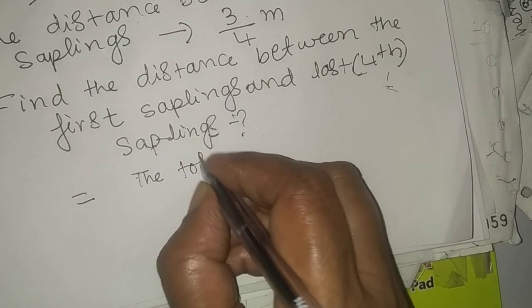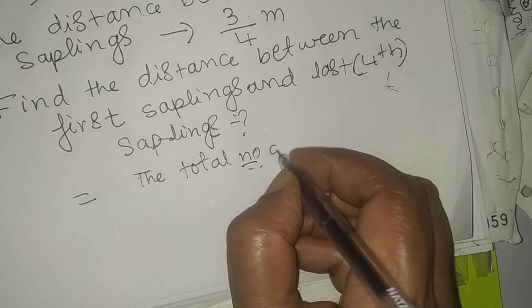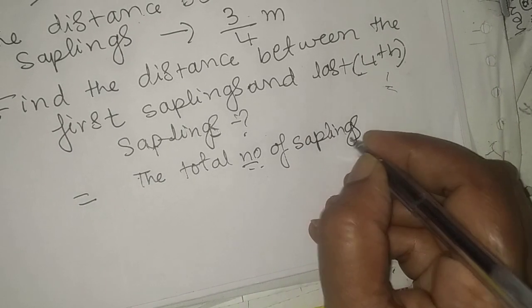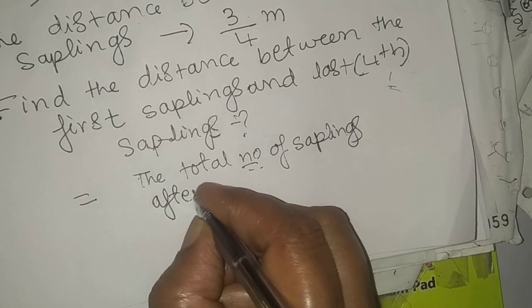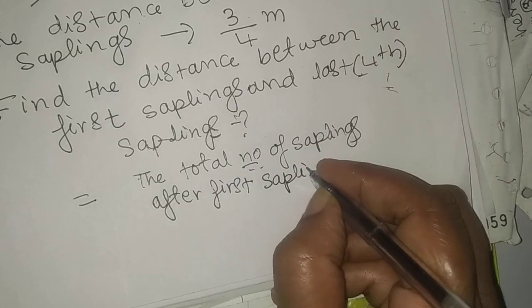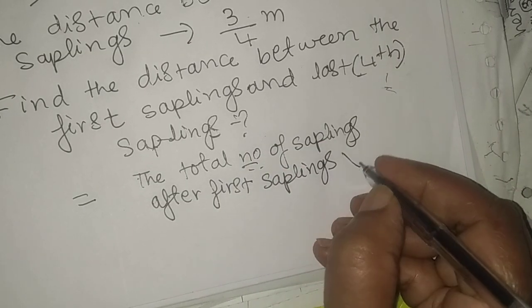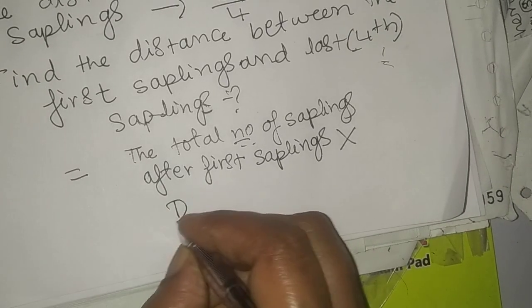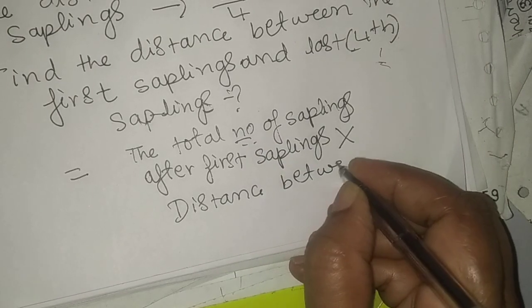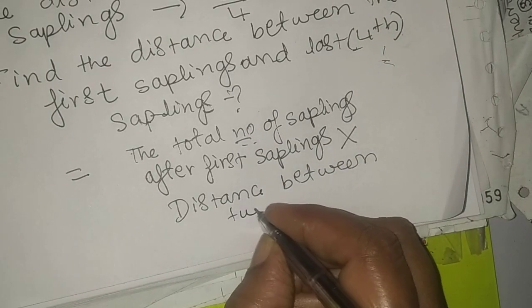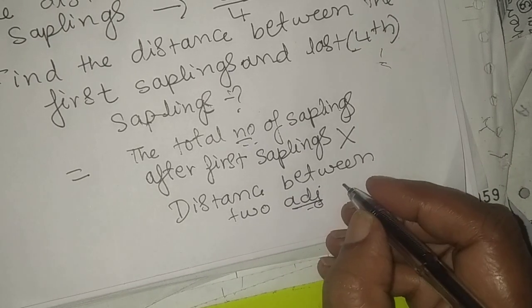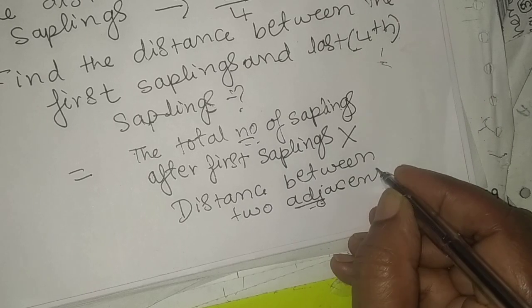The total number of saplings after the first sapling, multiplied by the distance between two adjacent saplings.